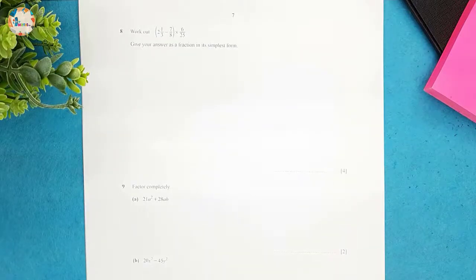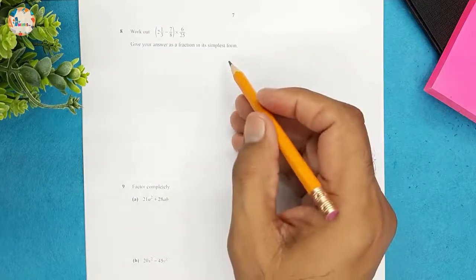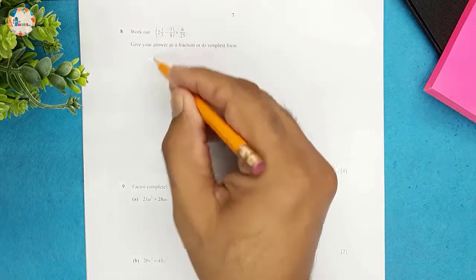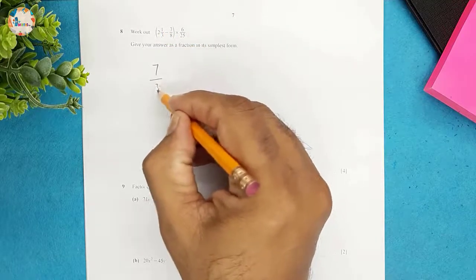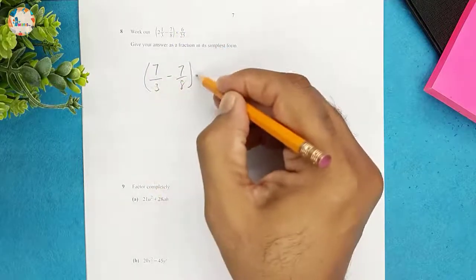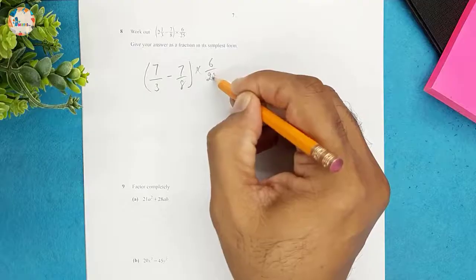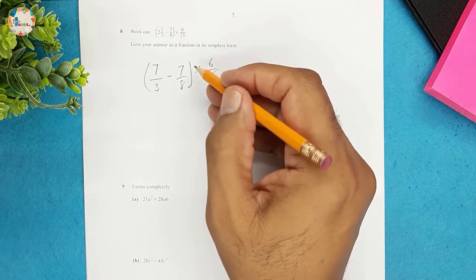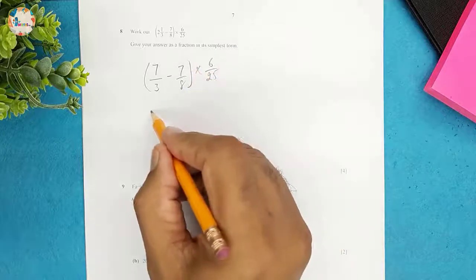Question number 8, work out this fraction we have to solve. Give your answer as a fraction in its simplest form. So 3 2s are 6, 6 plus 1 will be 7, 7 by 3 minus this will be 7 over 8, and multiply by 6 over 25. Now we can equalize, or we can take the LCM of these two.